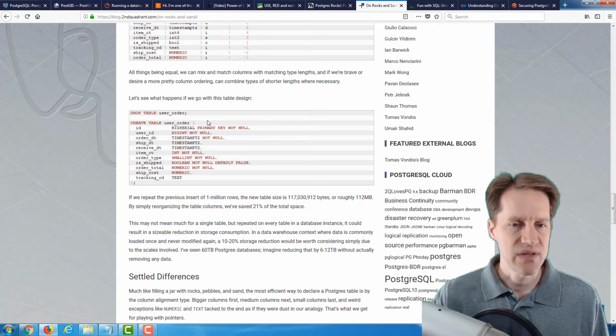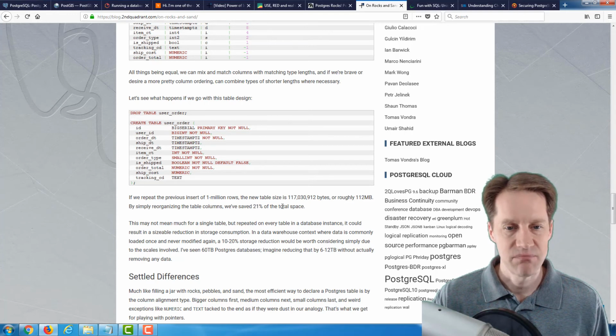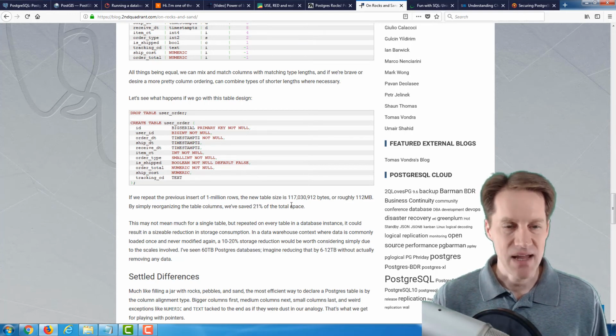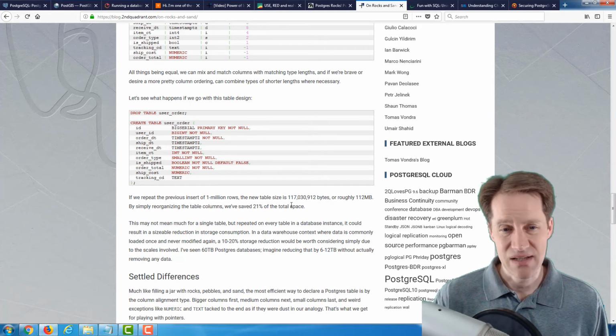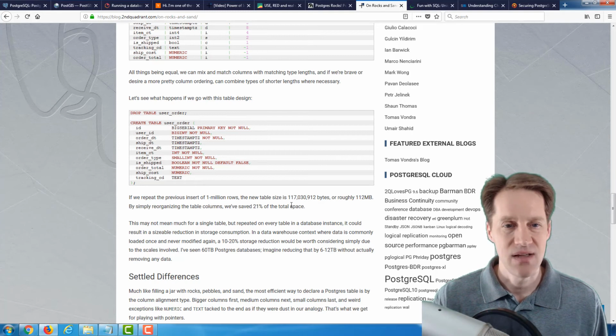And in this example that they were looking at, they saw a 21% space savings. So again, with a rapidly changing application, I think this will be kind of hard to do, but if you're working with a more analytical database where you have more flexibility with column order, or at least keeping it consistent, following this advice could potentially get you some space savings.